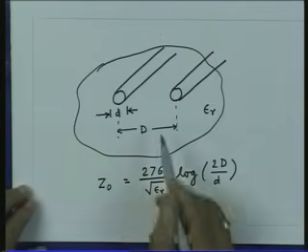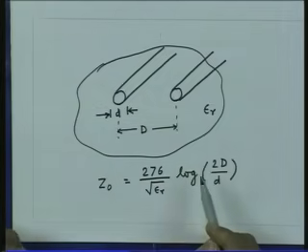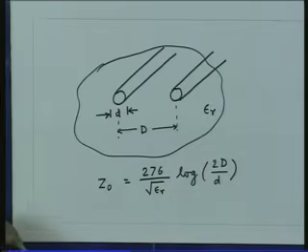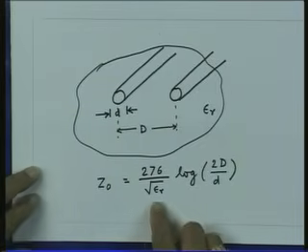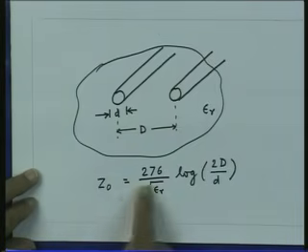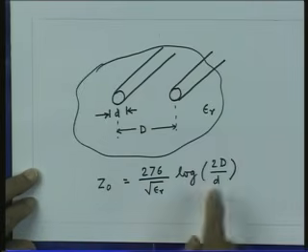As I mentioned, the dielectric separating the conductors normally is air, because normally this structure is realized as an open structure. So, epsilon r is generally 1. If I take epsilon r equal to 1, then Z0 will be 276 log of 2D upon d.